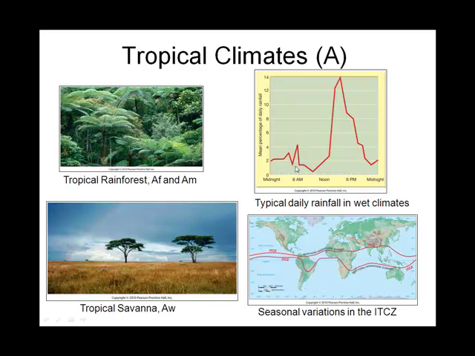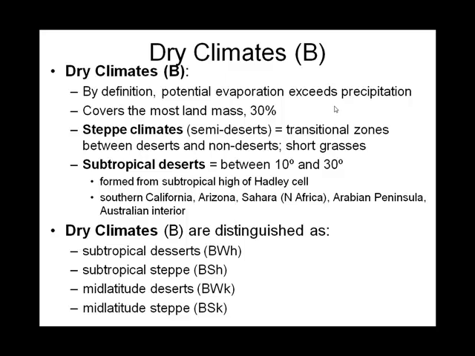Notice that about 1 or 2 o'clock you get dumped on with rainfall. The rain happens all day long into the evening, dying down about midnight, and then in the morning you don't have rainfall, and then it starts up again about 1 or 2. I think that's interesting. So we'll go ahead and go to the next climate, which is the dry climate.